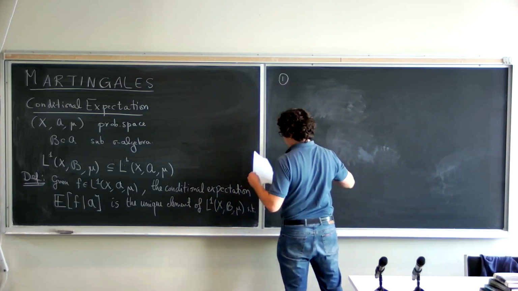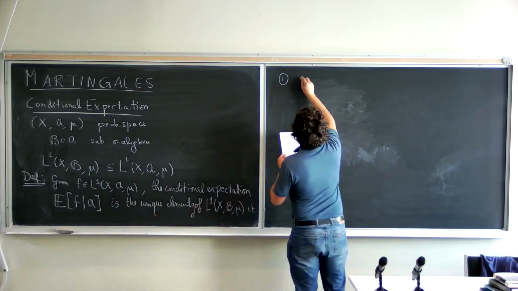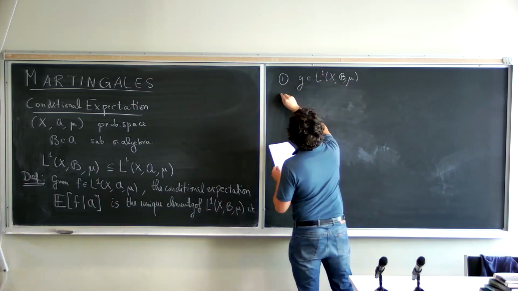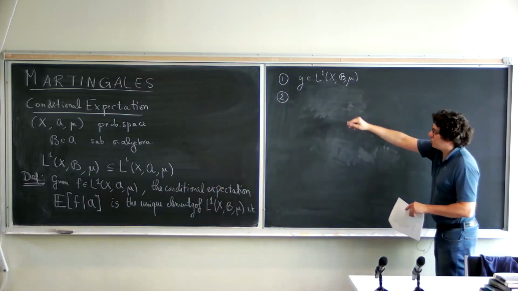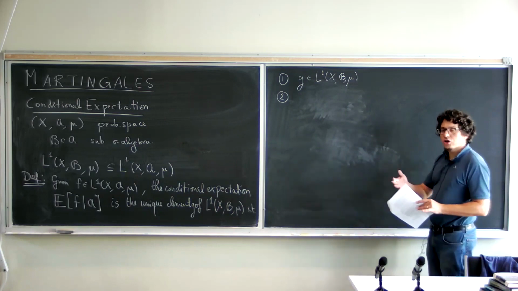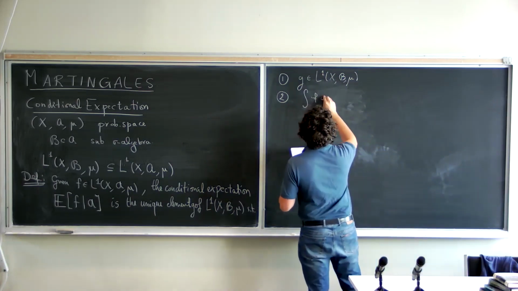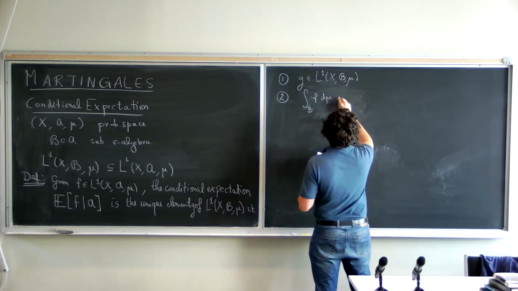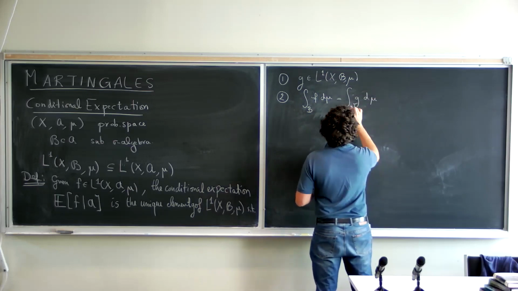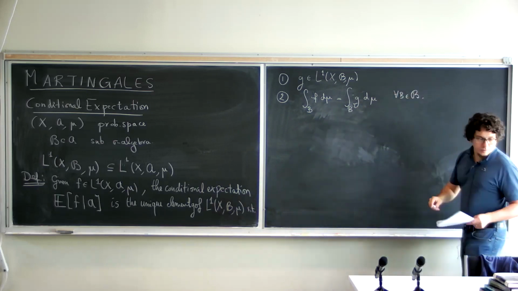First, call it G. G is in L1 of X, B, mu, so it is measurable with respect to the smaller sigma algebra. And the second part is that the average stays the same, in the following way: the integral of f d mu on every B is the same as the integral of G d mu on B, for every B in the smaller algebra.